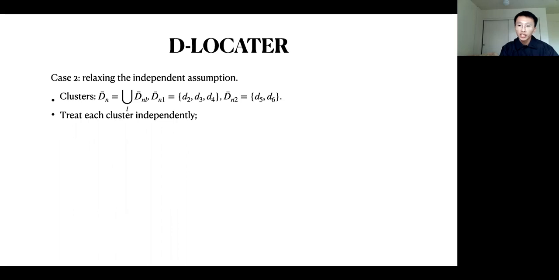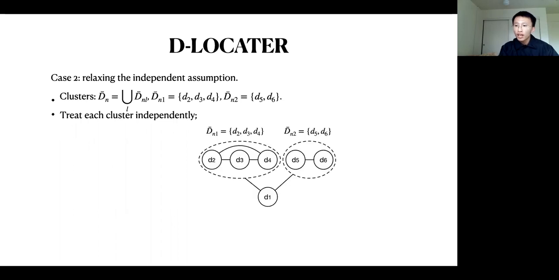So now in the second case, we relax the independence assumption from before, and each neighbor device may not be independent. In this case, the relationships among neighbor devices are measured as the group affinities we computed before, which is the probability that a set of devices are co-located in a room at some timestamp.